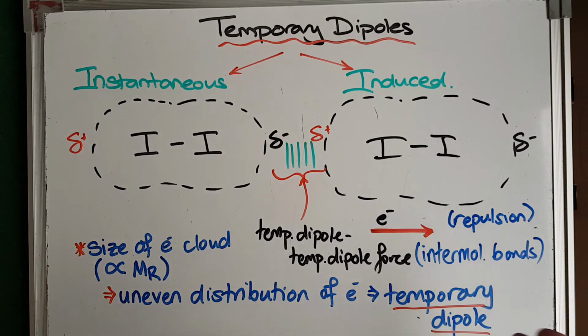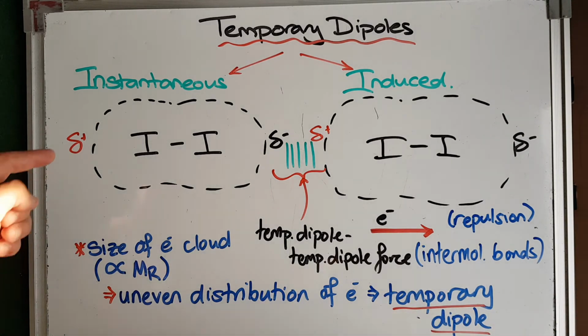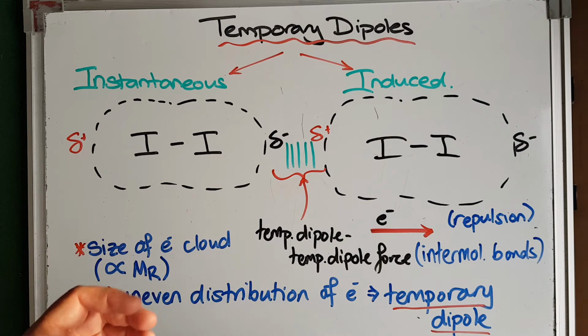The bigger the molar mass, the bigger the electron cloud. The bigger the electron cloud, the less even the distribution will be of electrons, so the more likely it is to have a temporary dipole, called an instantaneous dipole. So that's how dipoles are created, to allow forces to occur between neighbouring non-polar molecules.